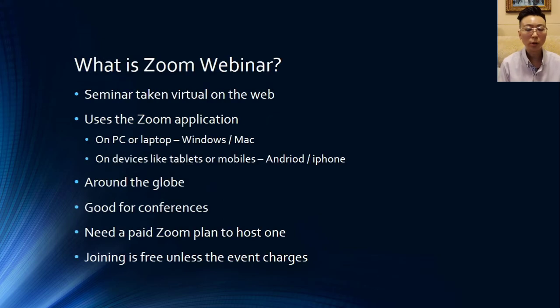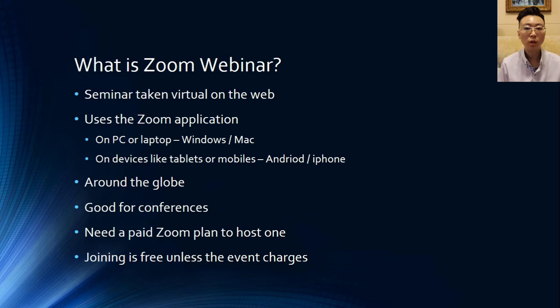So Zoom webinar, just think of it as a traditional seminar that's taken virtual on the web. So of course it's Zoom, so we're going to use the Zoom application. You can use either a PC or a laptop, Windows or Mac is okay. And other devices like tablets or mobiles are supported as well, both Android and iPhone.